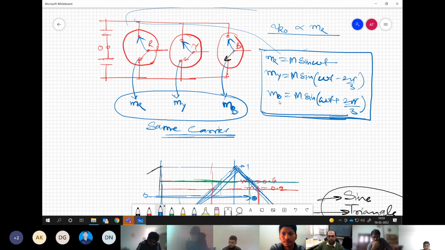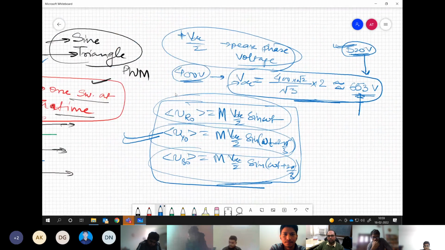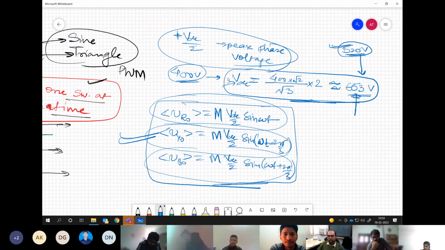Correct? So which is why we need to go for this. And so we have come up with the DC bus voltage requirement for our sine triangle PWM, which is here 653. Same motor, 400 volts line to line RMS you are trying to run. You have now a different DC bus requirement for sine triangle PWM.